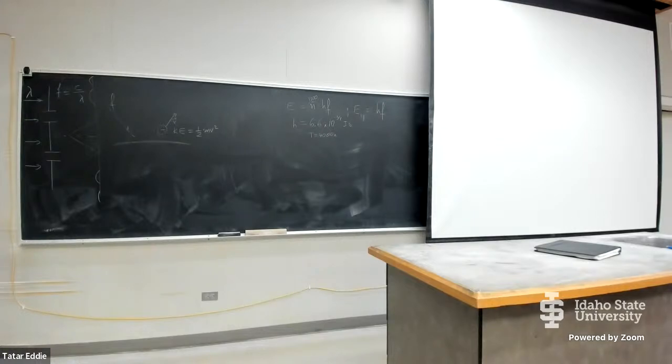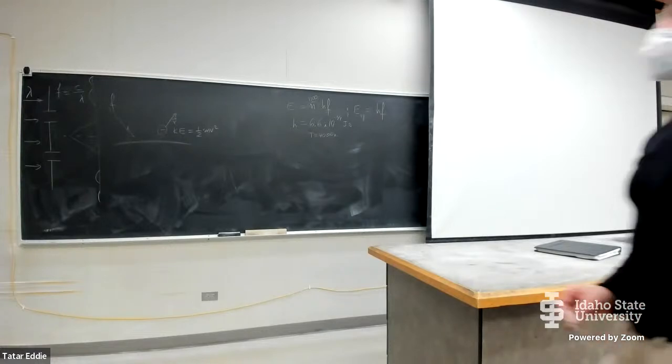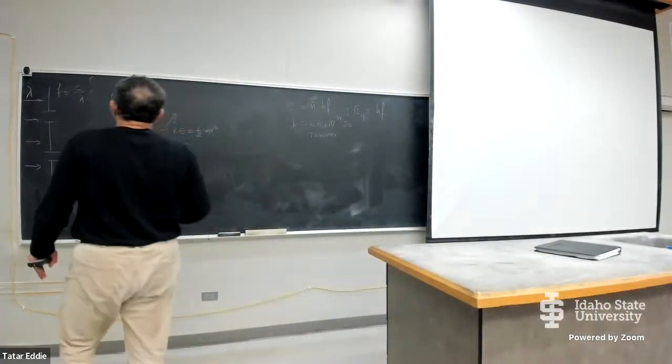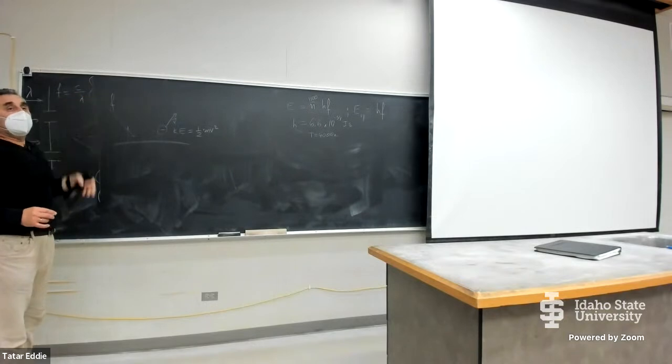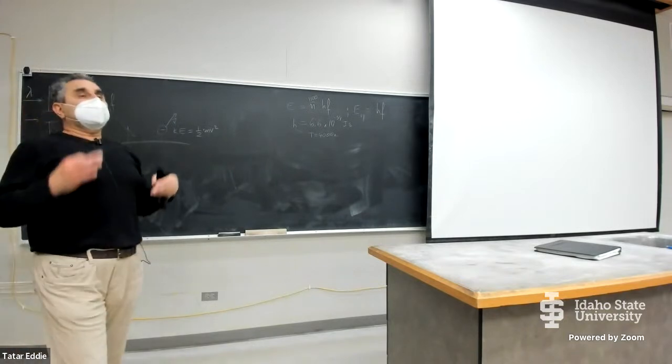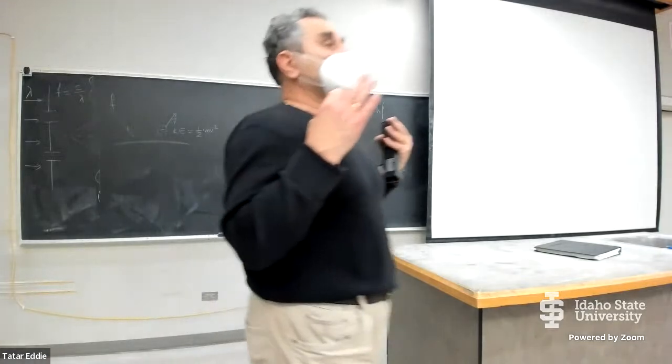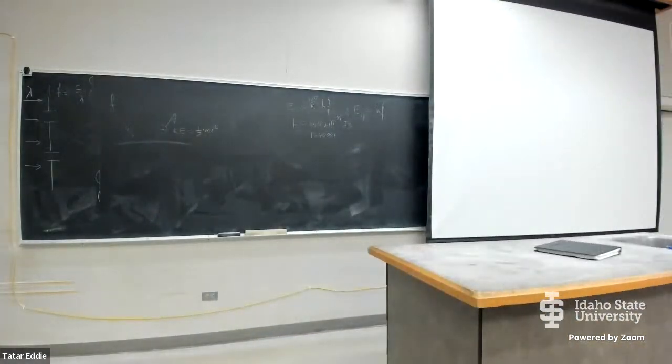So this was the first difficult to explain property related to the photoelectric effect. The second property was that there is a cutoff frequency. If the frequency of light is below a certain threshold, let's say if the light is red, you don't observe the photoelectric effect.